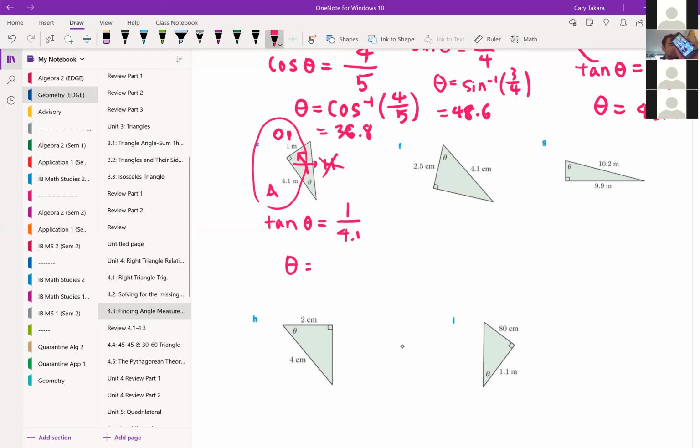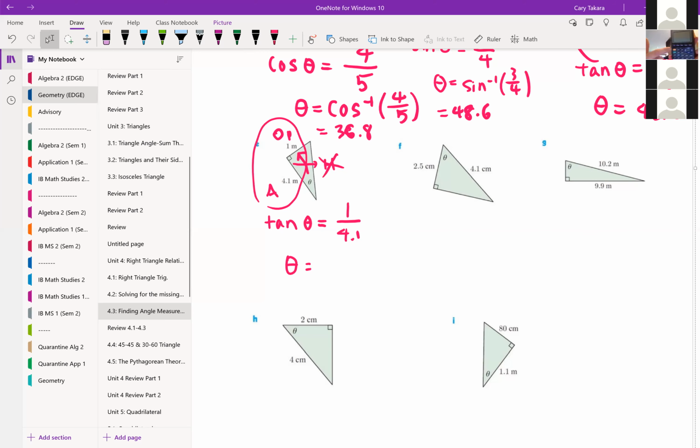If you don't want to download a calculator on your cell phone, you can Google and type scientific calculator, and you can just use a web-based scientific calculator. Okay, so let me go through again.